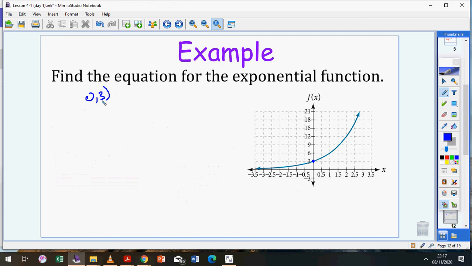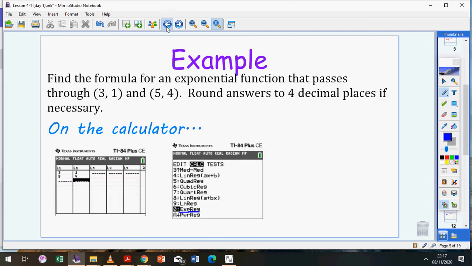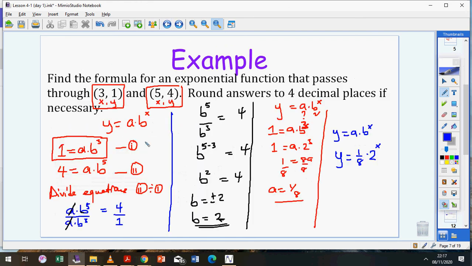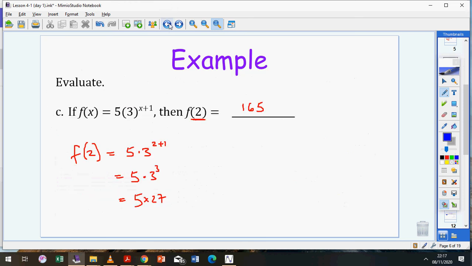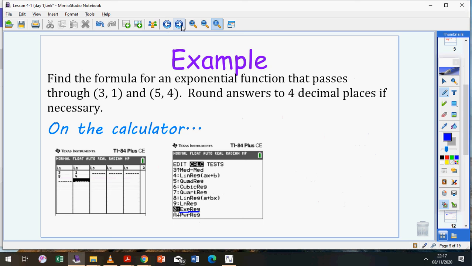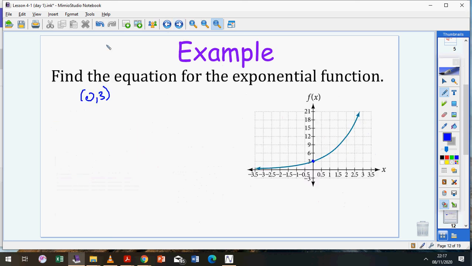And remember, we saw earlier that this value of a is always going to be the y-intercept. So that's what we are applying here. If this is my y-intercept, then I automatically know that the value of a here is 3.